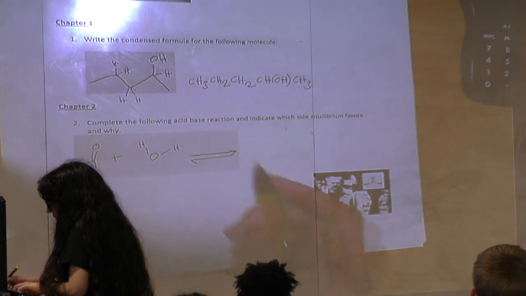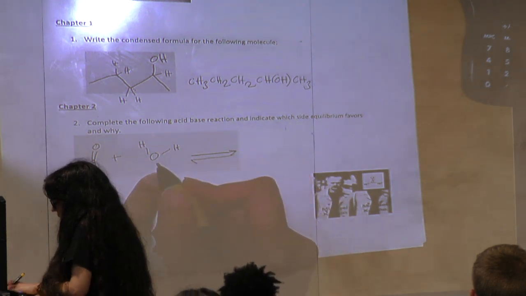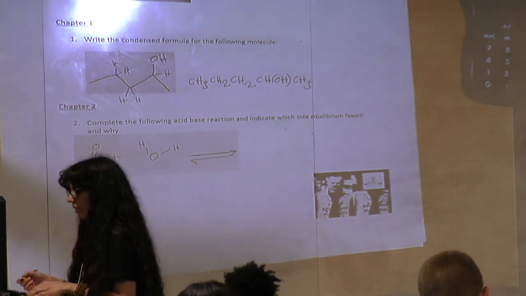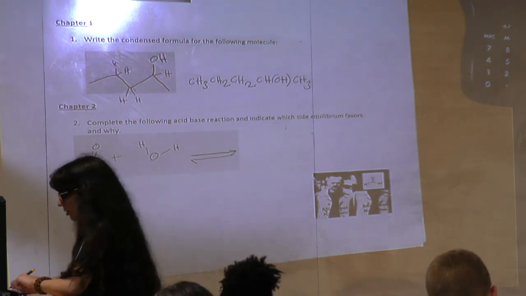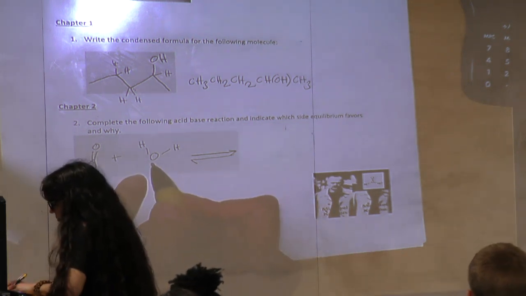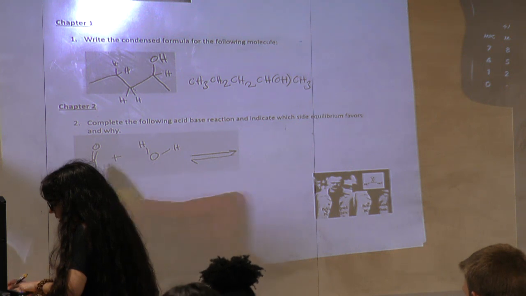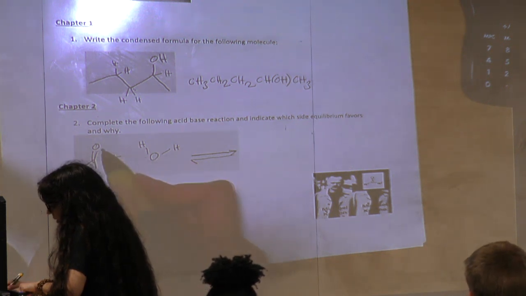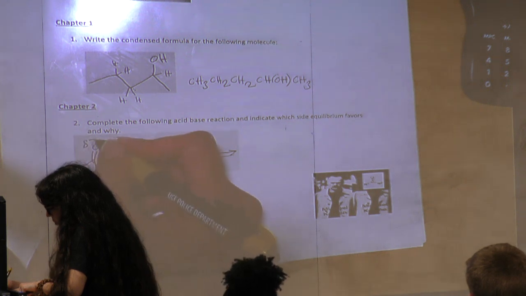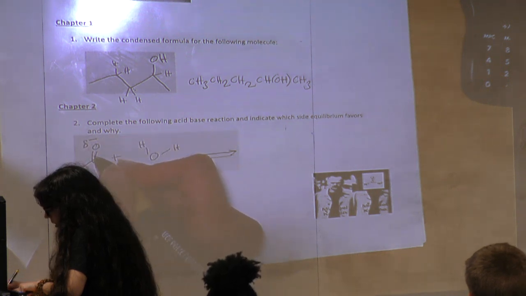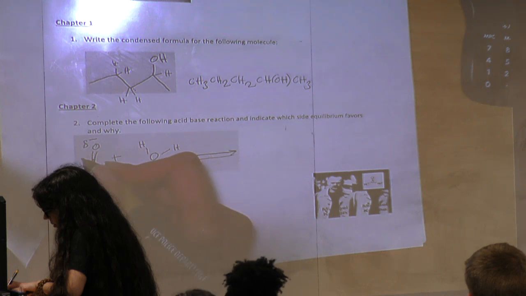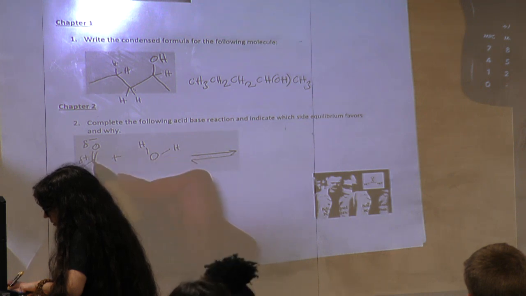But with ketones, water can serve as an acid or a base. So in this case, water is going to serve as an acid, and we're going to protonate this oxygen because this oxygen is partial negative, whereas our carbon center is partial positive.